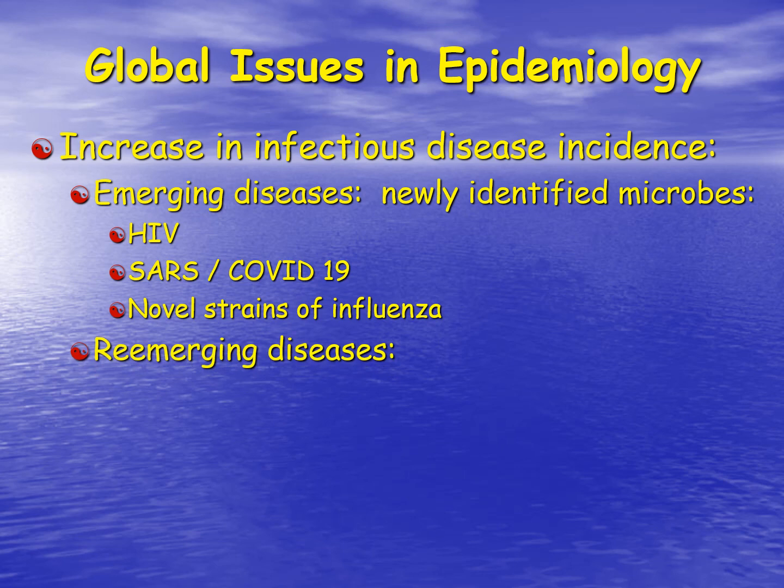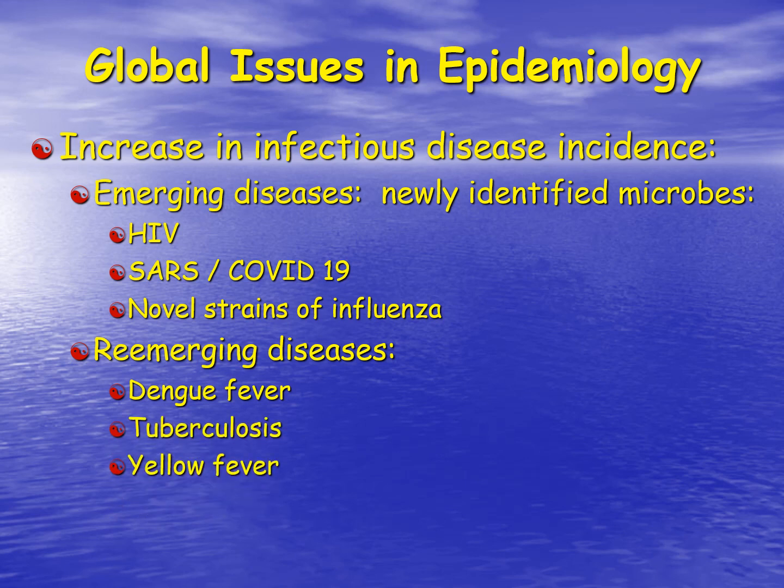Re-emerging diseases. These are diseases that we may have thought were kind of under control, but now we're seeing an increase for some reason. So things like dengue fever, tuberculosis, yellow fever, hand, foot, and mouth disease, whooping cough.